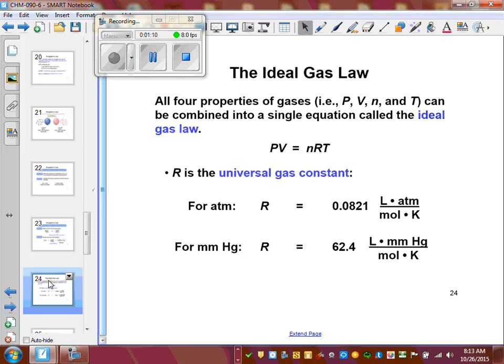Those are the units for R. R also can have some other units, using millimeters of mercury and Kelvin. I prefer to stick with this one and change everything else into the units we need. And then you have to remember one constant.